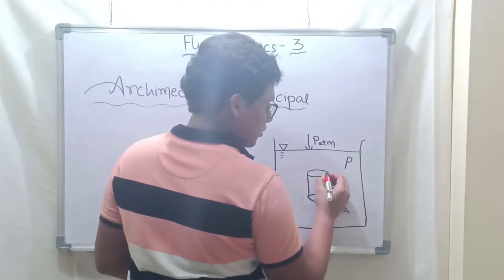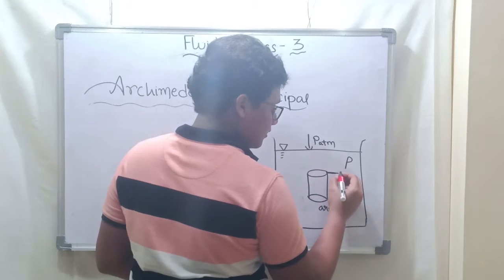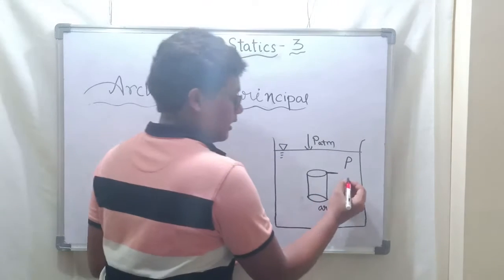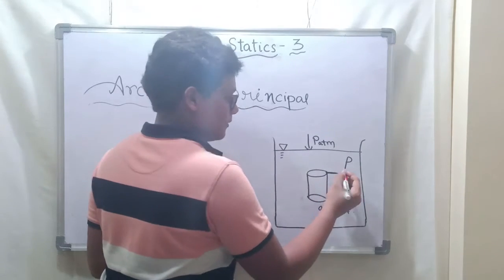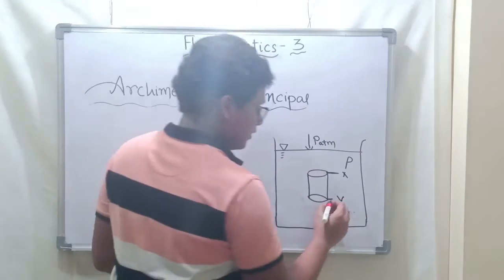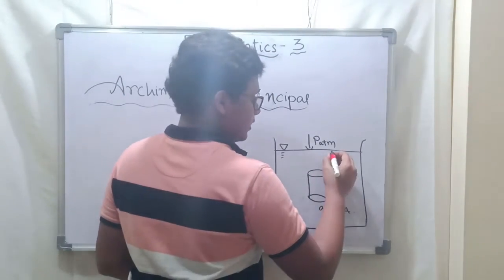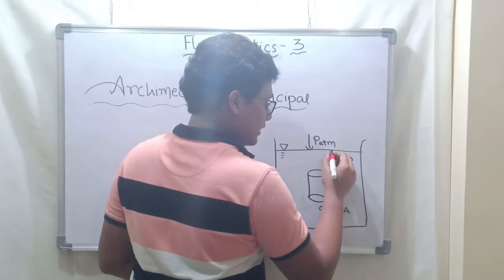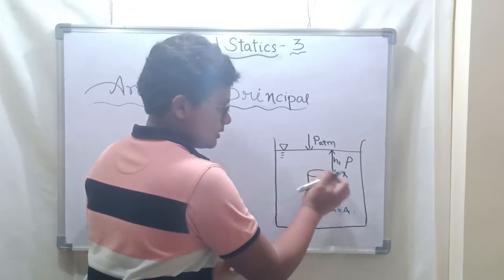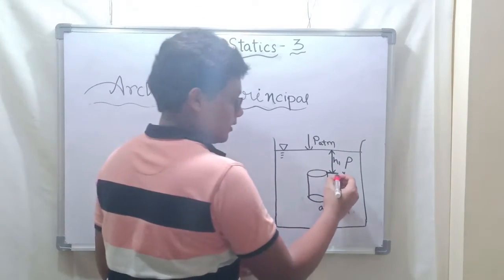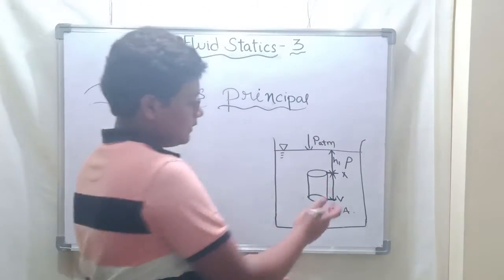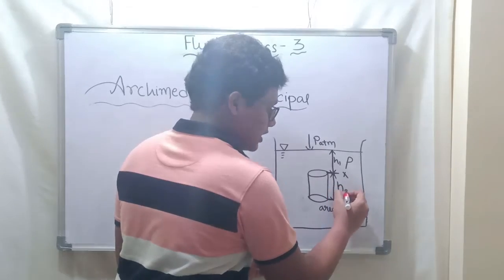Here these points we will take as x and y. Here we will take the height h1 from the top of the liquid to the top of the cylinder, and from the top of the cylinder to the bottom of the cylinder we will take height as h2.